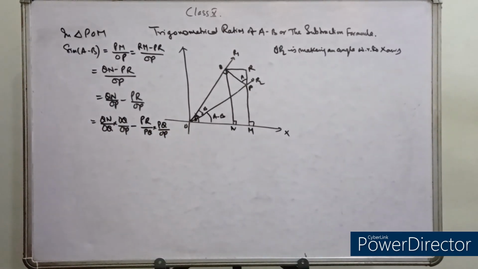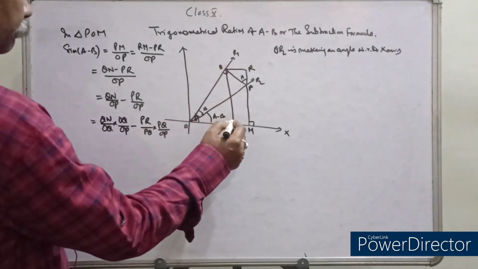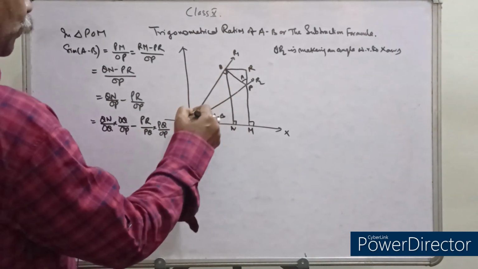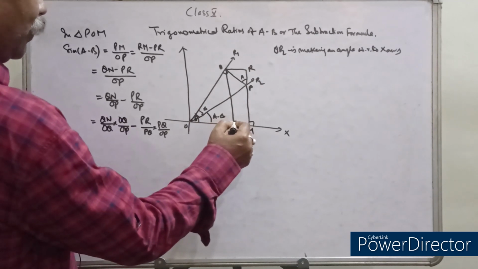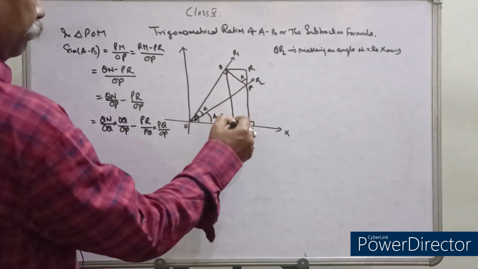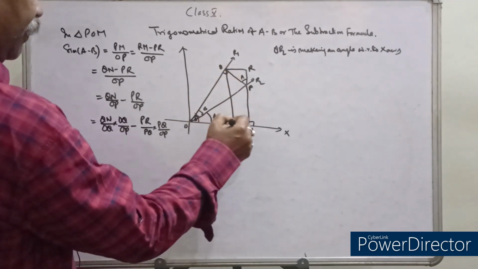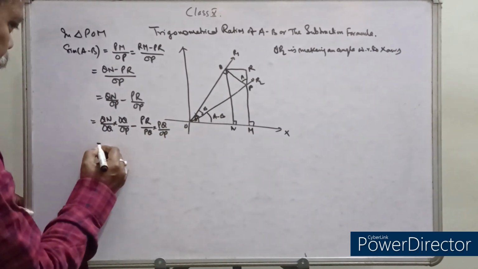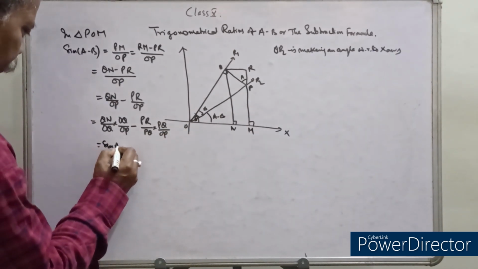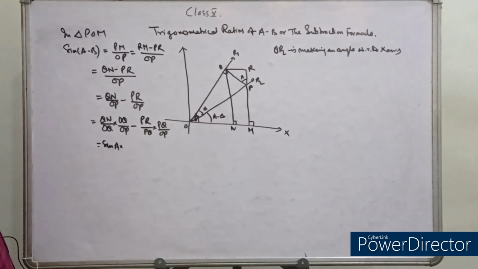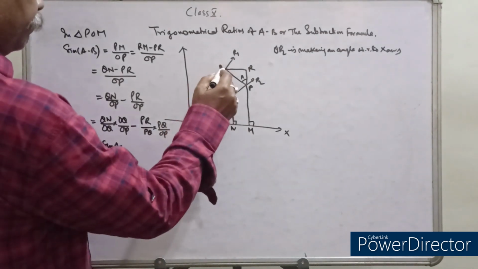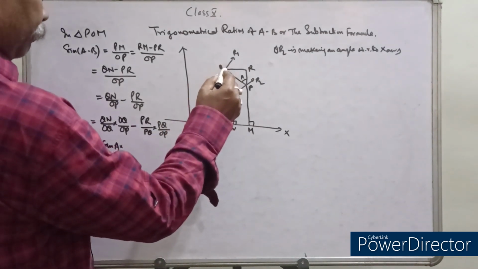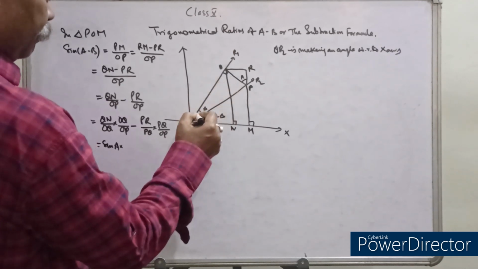Now you see QN by OQ, perpendicular by hypotenuse in this triangle, this is sine A, into OQ by OP.